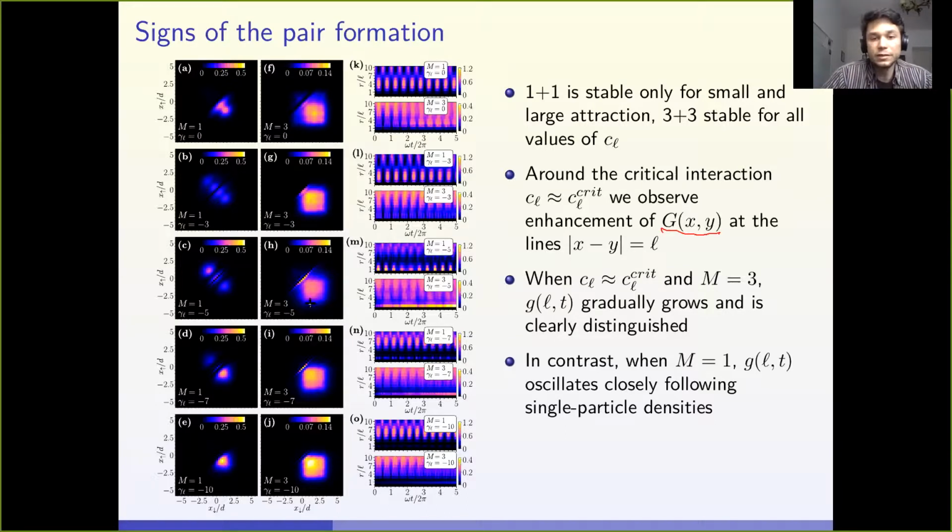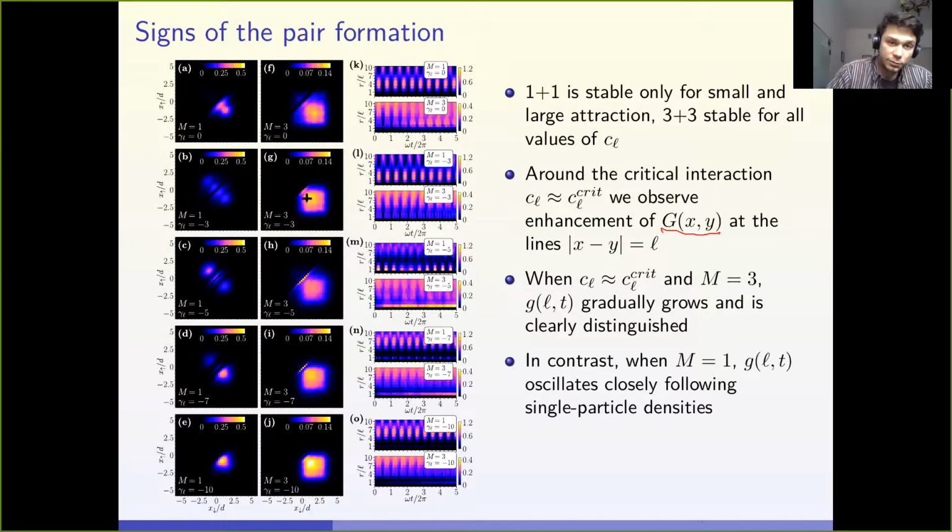And the first thing that we may note, in accordance with what I said about the 1 plus 1 system, is that it is not stable around this critical point. Because if you want to have a stable system, then the whole picture must be non-zero only below the anti-diagonal.